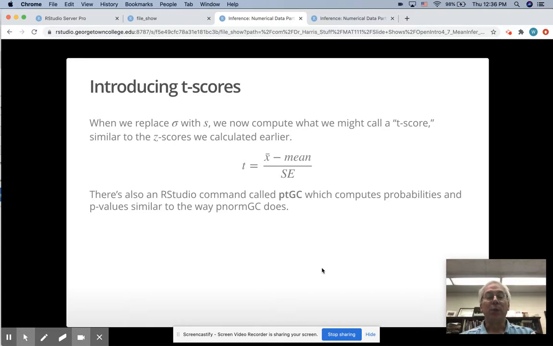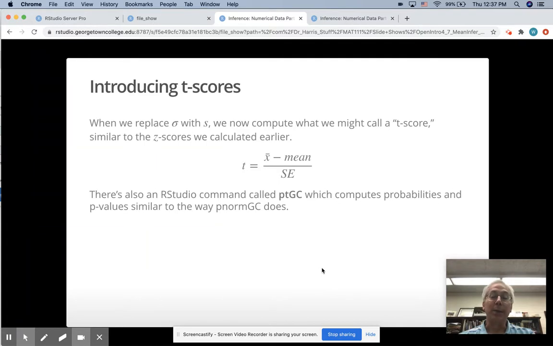A t-score for a given sample mean is going to be the sample mean minus the population mean divided by the standard error. And so it's measuring how many standard errors an observation is above or below the mean. We'll be using this when we work with hypothesis tests in the next slideshow, but we will do a little bit with t-scores right now.